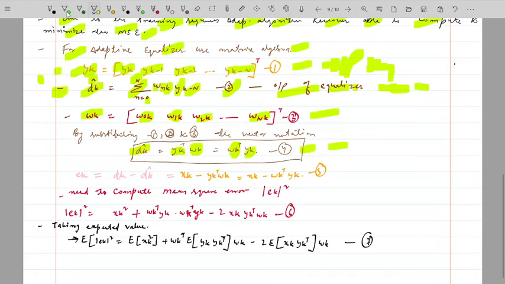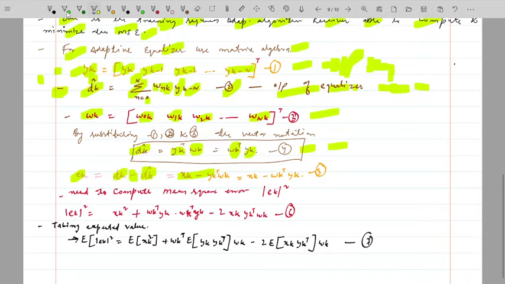So here E of k is the error signal, and how we can find the error signal: we subtract the estimated output from the desired output. We are subtracting the estimated output of the equalizer from the desired output, and we get this equation. X of k is the transmitted signal that is transmitted from the transmitter. This is an important point to remember.